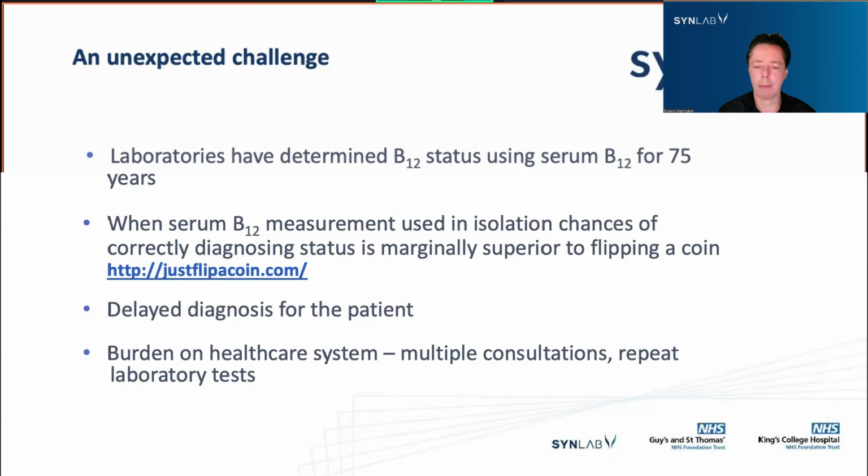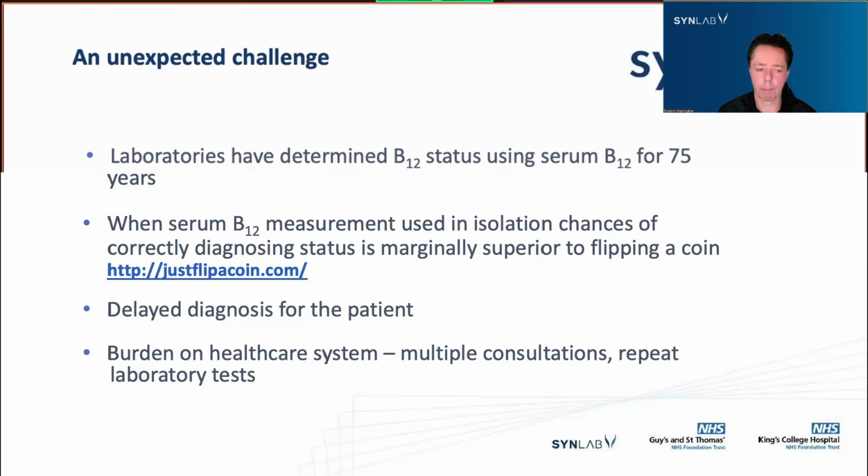But for some patients, the chances of reaching a correct diagnosis using serum B12 on its own is only marginally better than flipping a coin and saying heads or tails. This leads to a delayed diagnosis for the patient. It also can impact the wider healthcare system because of unnecessary multiple consultations or imaging or repeat laboratory tests.